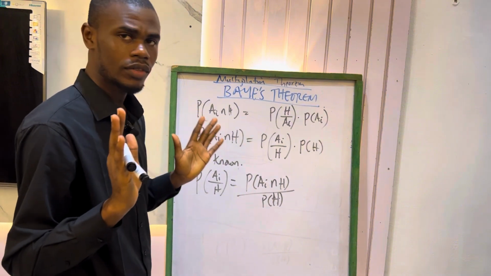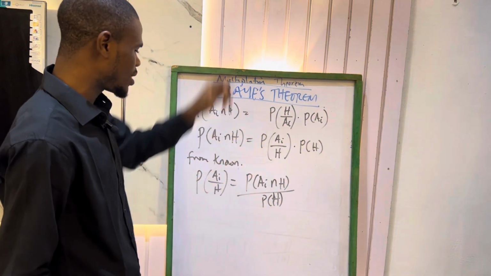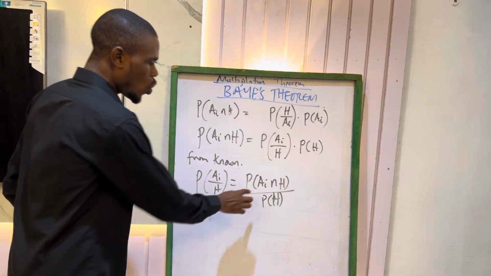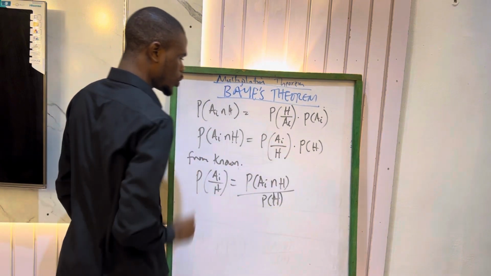That's just it. So from this one, we want to prove the Bayes' theorem that we had. And I told you these are our known. So now we want to get the one at the numerator. Let's focus on the numerator first.